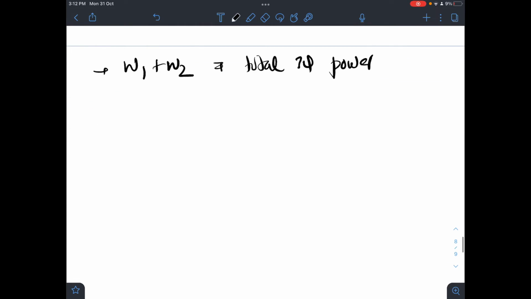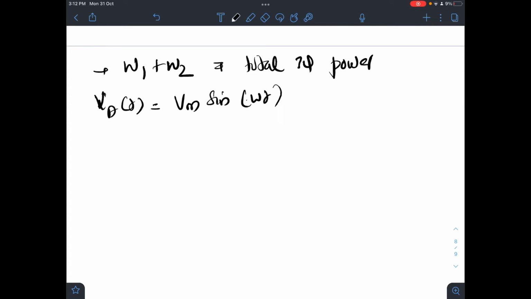Now you are aware that IA means the time dependent current in the A phase. I will take VA of t, the voltage in the A phase, given by Vm sine omega t. That is my reference.